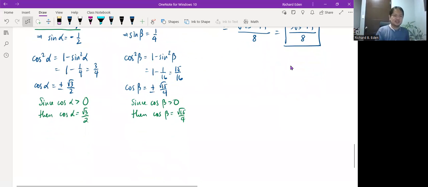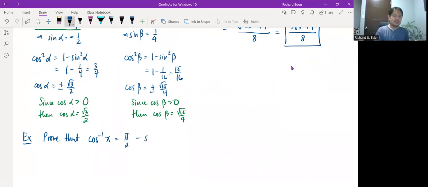Okay, another example. Prove that cosine inverse of x is equal to pi over 2 minus sine inverse of x for any x in their domain. Anyway, their domain is the same, -1 all the way to +1, so they are compatible.